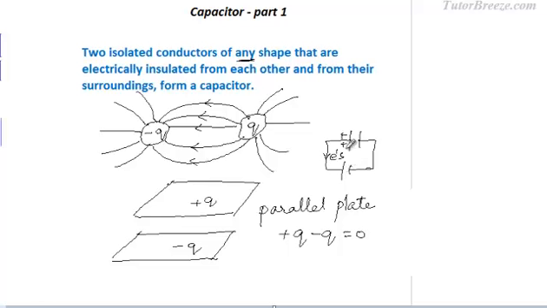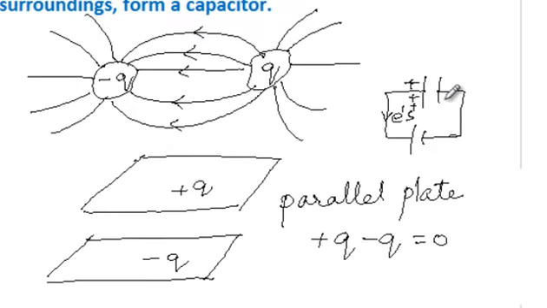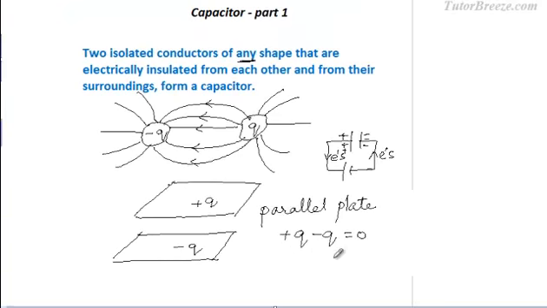So this plate has a deficit of electrons, so it has a positive charge, and at the other plate you have electrons which are moving from the battery to this plate, so this plate acquires a negative charge. It is not that the net charge on the capacitor is Q. That is not correct. The net charge on the capacitor is 0.